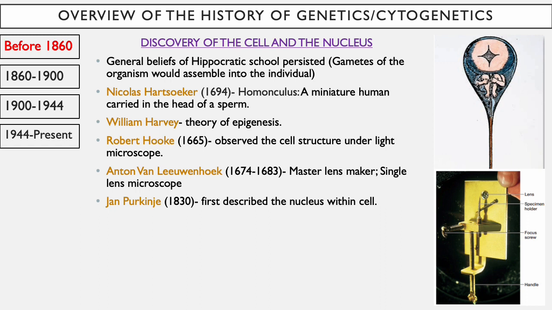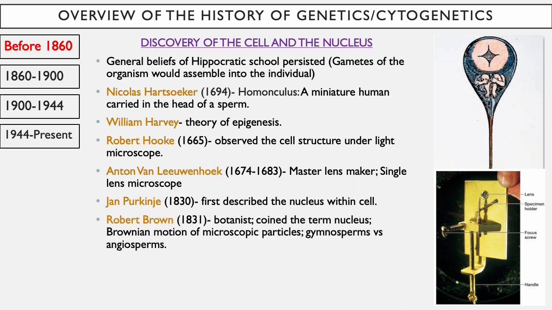Jan Purkinje was the first scientist to describe the nucleus within the cell. Robert Brown was a botanist, and he coined the term nucleus. He also discussed the Brownian motion of microscopic particles, and he differentiated, or discovered, the gymnosperms and the angiosperms.